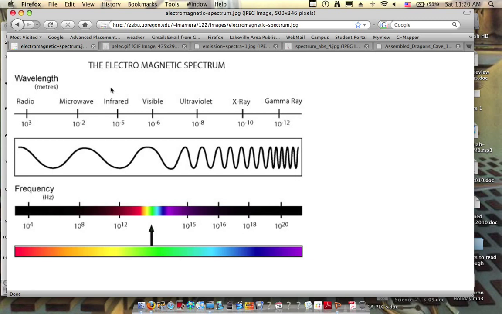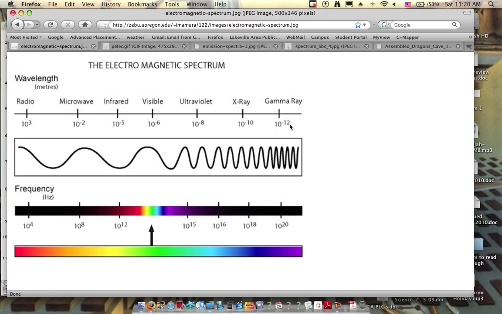First of all, before we look at the phenomenon, let's look at another picture of the electromagnetic spectrum. You can see here that the frequencies increase from red to yellow to blue to violet in the visible range. And then there are also other frequencies that we can't see that would include things like X-rays and gamma rays. And you can see that the wavelength is inversely proportional to that.